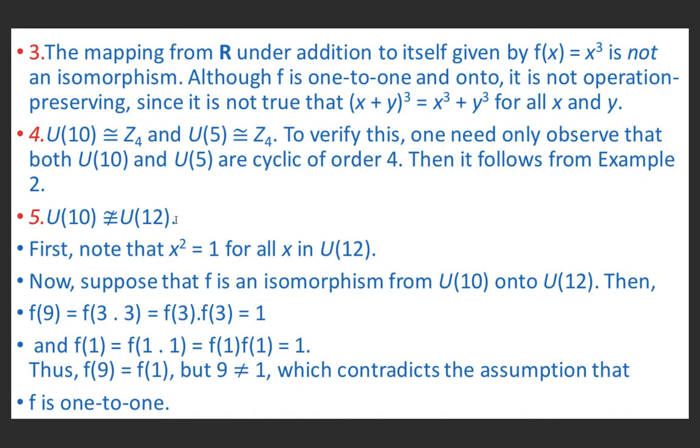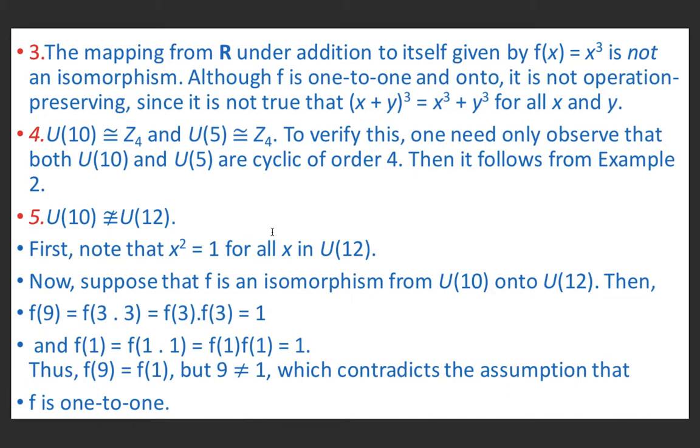So elements of U12 are nothing but 1, 5, 7 and 11, because these are the only elements which are less than 12 and relatively prime to 12. So these are 1, 5, 7 and 11.